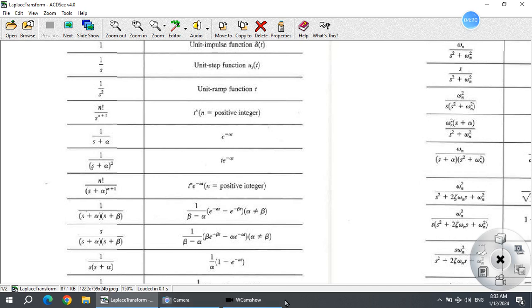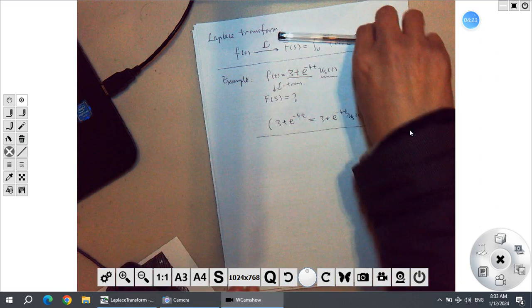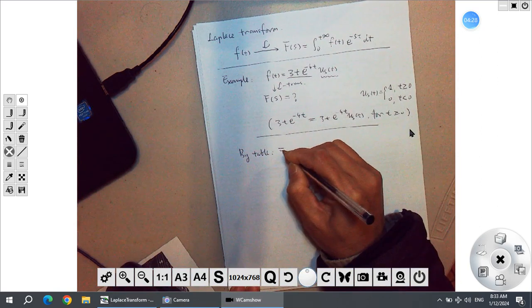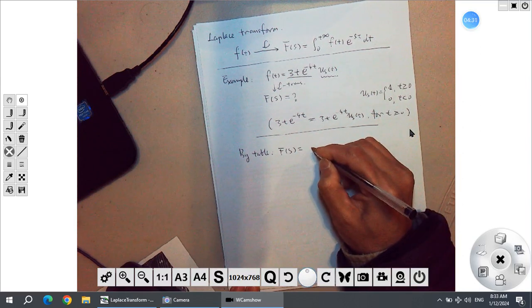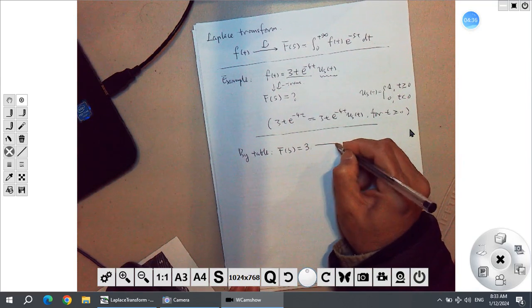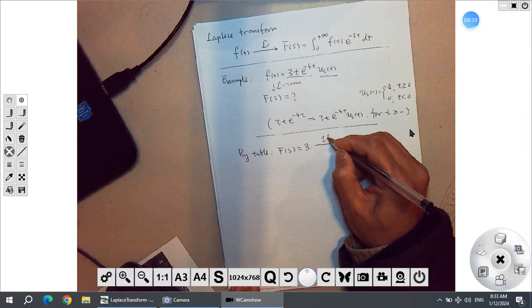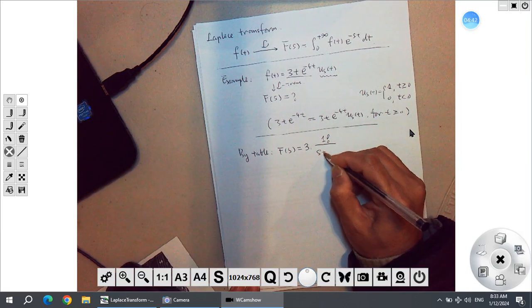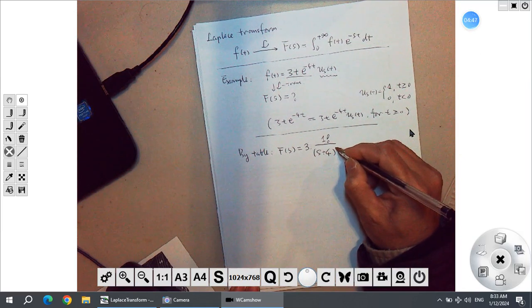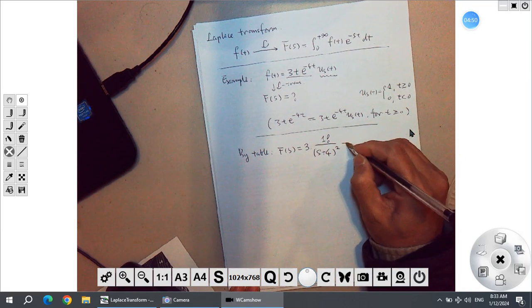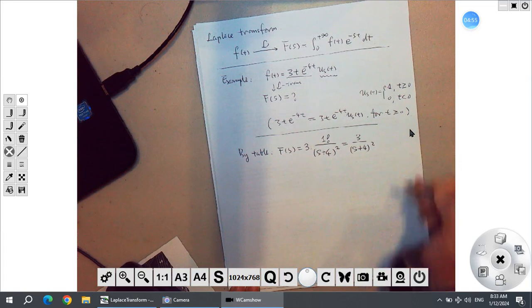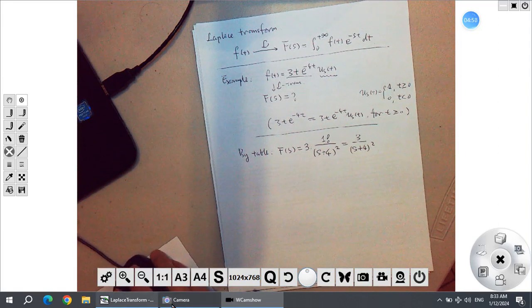Okay, so just by table, F of s equals, I have 3 here, then n factorial, 1 factorial, is just 1, and s plus a, now a is 4, and the power n plus 1 is 2. So the result is 3 over s plus 4 squared. That's it. This is a simple one.